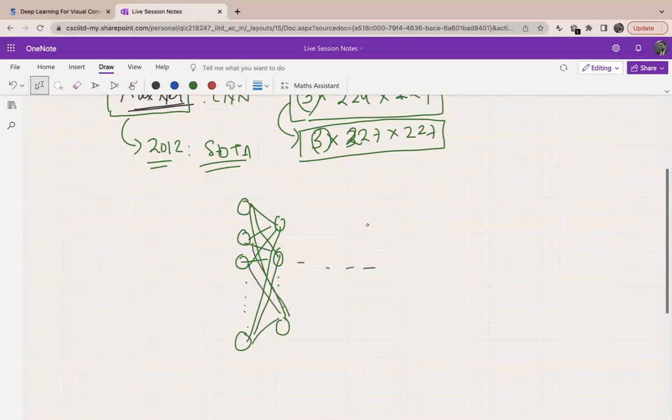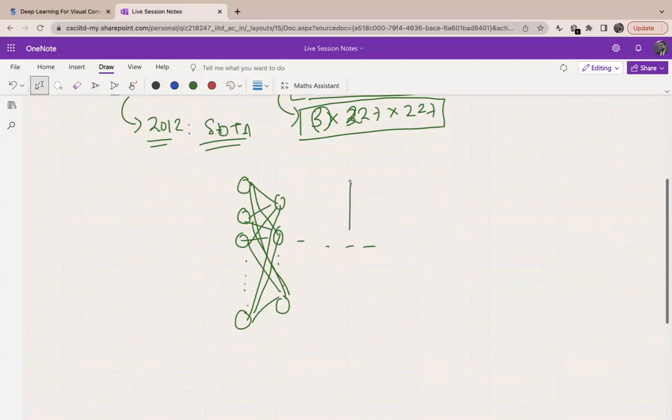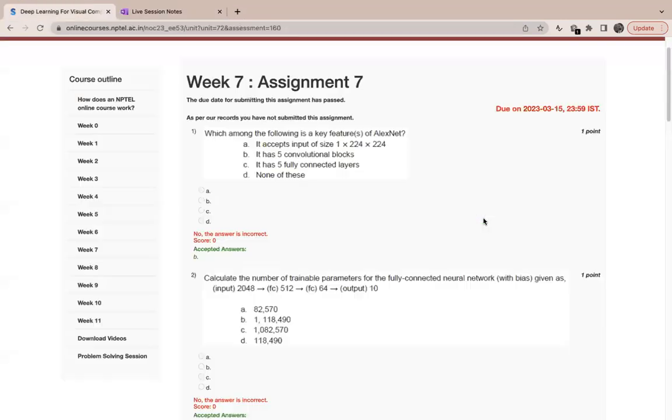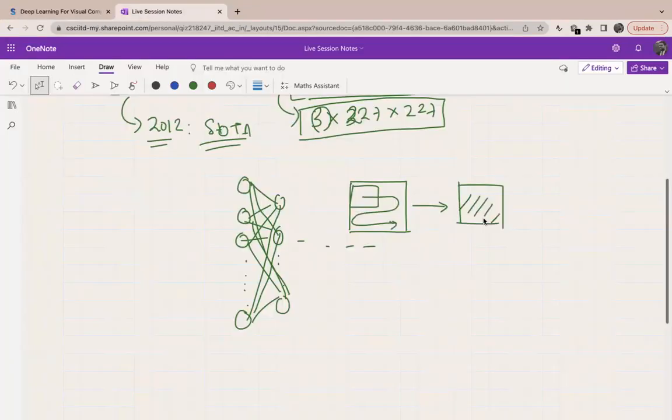But in a CNN, not everything is fully connected. We have filters that we traverse the image with and give out another extracted feature. So no, it doesn't have 5 fully connected layers, but what it does have is 5 convolutional blocks.